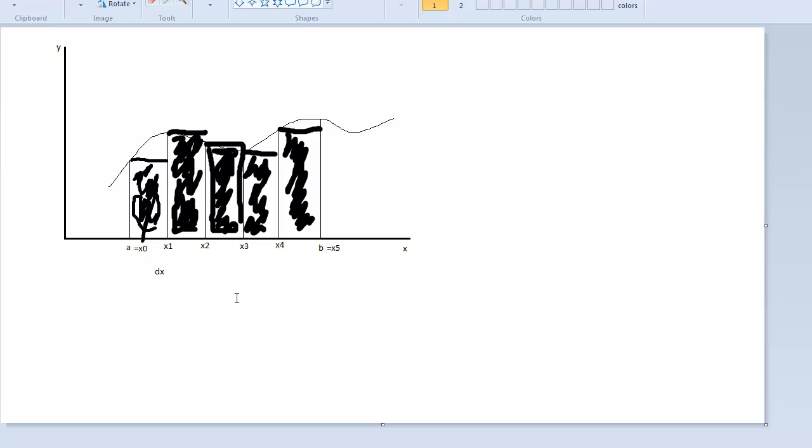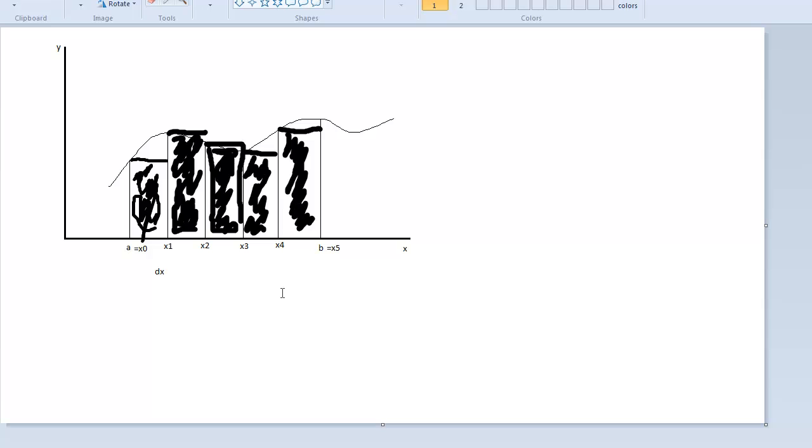Assume that you do not have only, say, 5 regions, but you have a million regions. Then there is a very small error, and you get almost perfect approximation of the region below the curve.